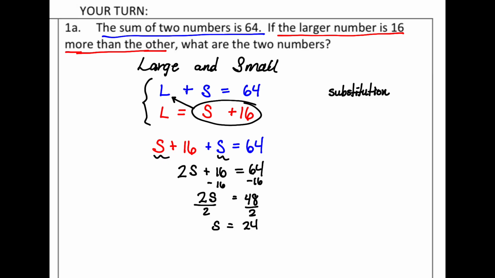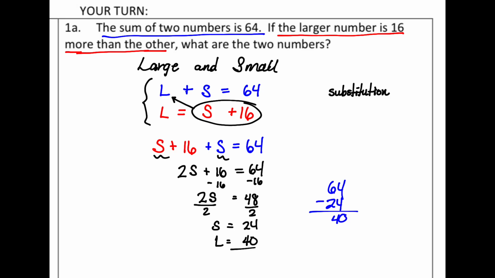And that's one number. Now we need to find the other. The sum of two numbers is 64, and if one of them is 24, I'm going to do 64 minus 24. The other has to be 40. So L would be 40.